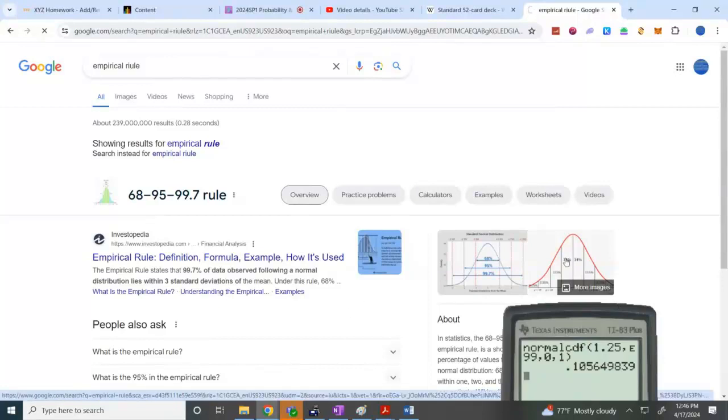All right, so here's that empirical rule, and I'm trying to pull up, our internet is running slow.